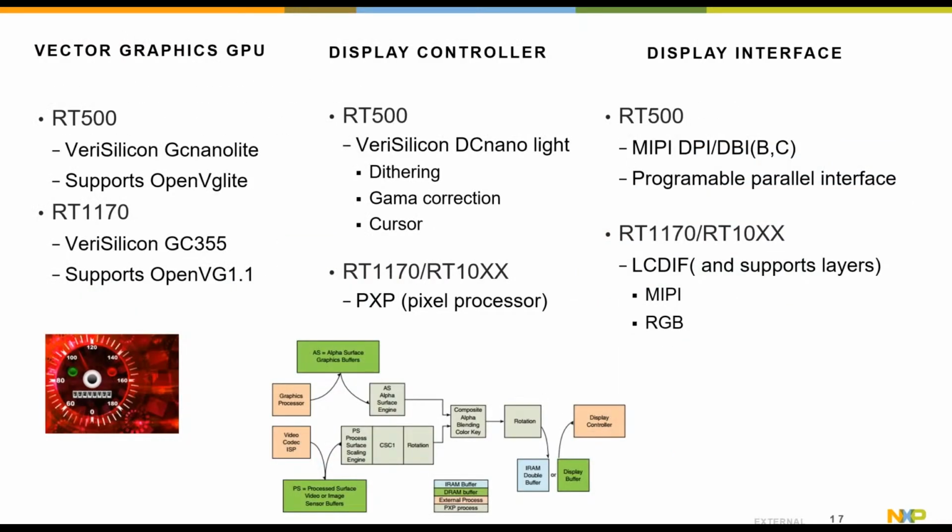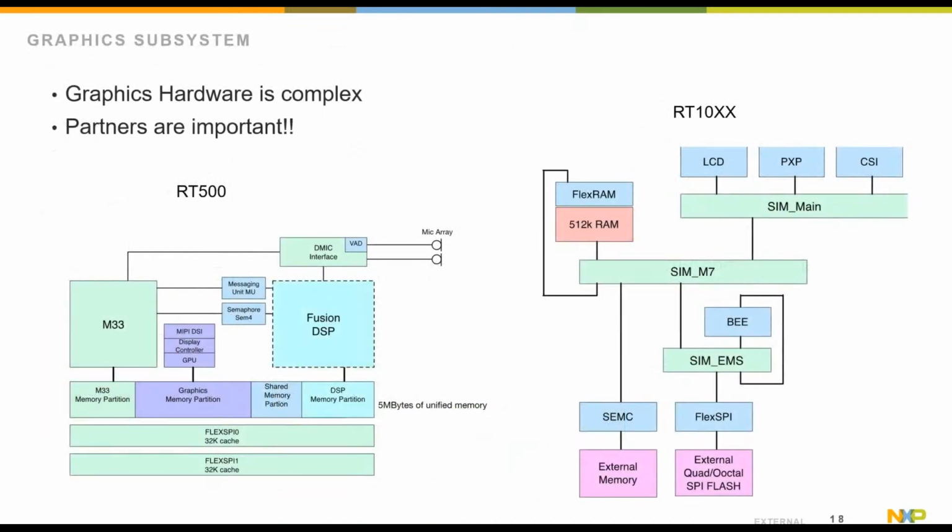Okay, then the next thing I wanted to talk about was this idea of memory, and the graphics subsystems. The graphics hardware is complex, and it needs to have access to memory effectively. So on the RT500, we have three major compute elements.